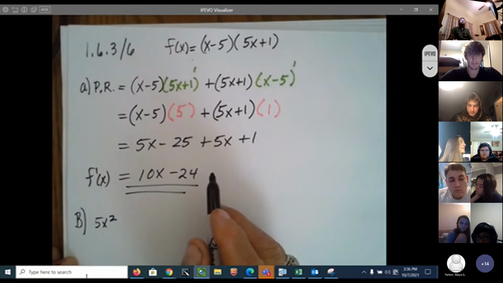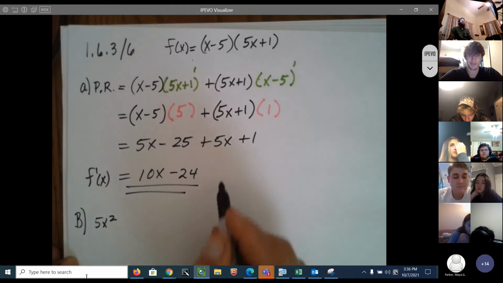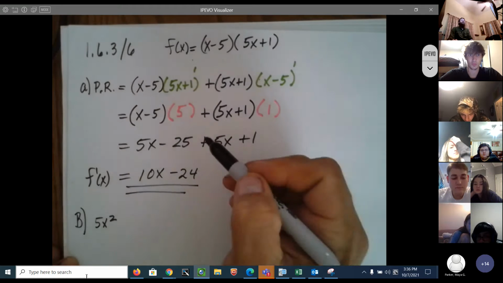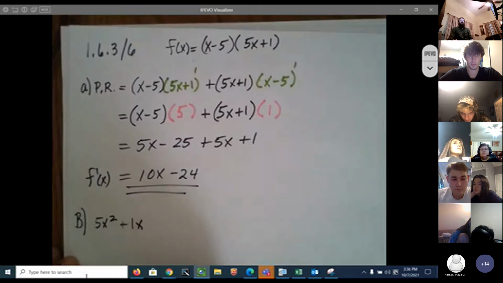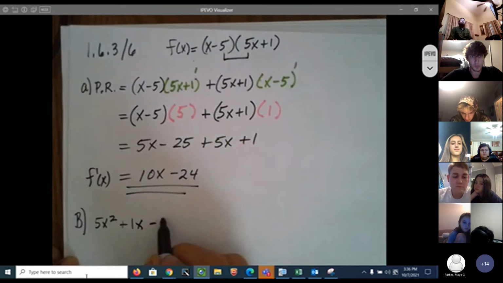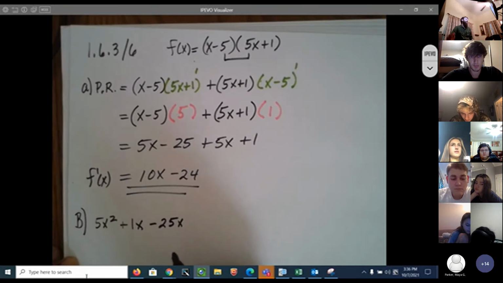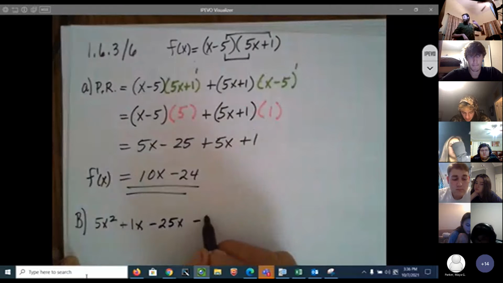Outside, you have to say outside, Mr. Bostic, because if you don't say outside, you'll get some student that goes, I don't know what outer means. So you have to say outside. X times 1 is 1x. Inside is negative 25x. And last is negative 5.